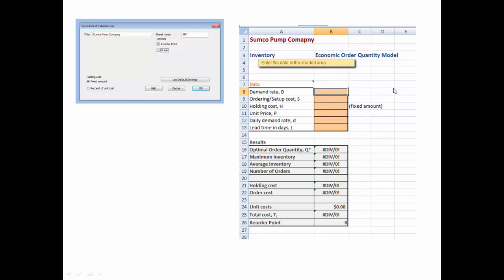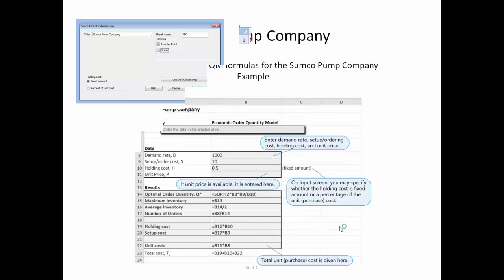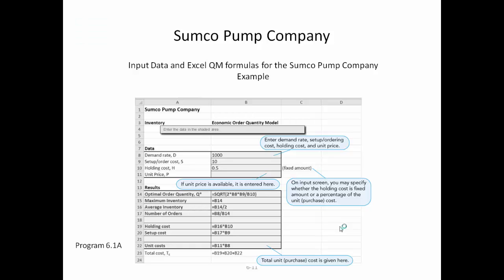And then I'm going to get this information shown here, and it is asking me to enter the demand rate, the setup cost, the holding cost, the unit price, and then once I do that, it's automatically going to give me the numbers that we just computed. So if I did that and I inputted the data, and this is an older version of QM for Windows, but we get the same information.